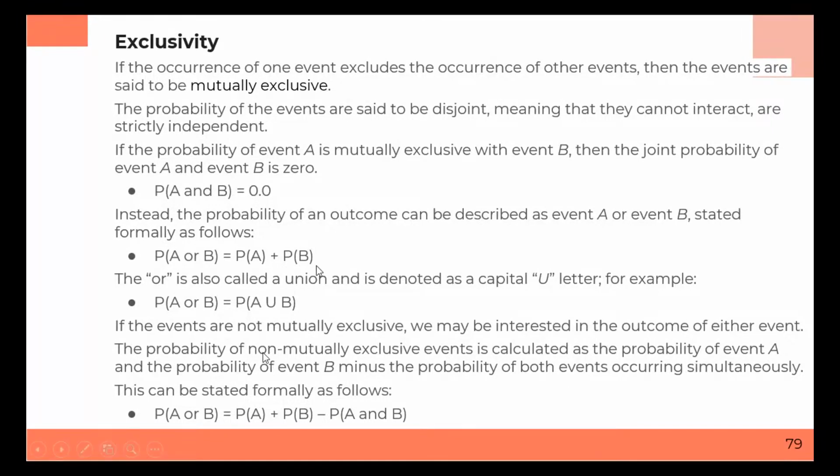That will give the non-mutually exclusive events. This can be stated formally as probability of A or B equals probability of A plus probability of B minus the joint probability of A and B together. Then we are calling them non-mutually exclusive probability.